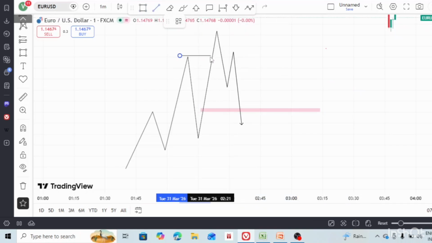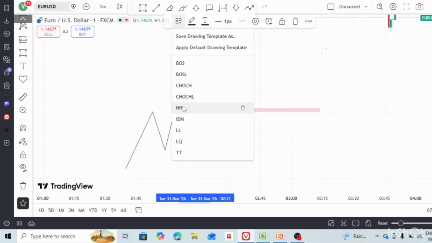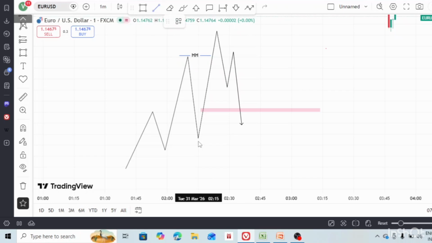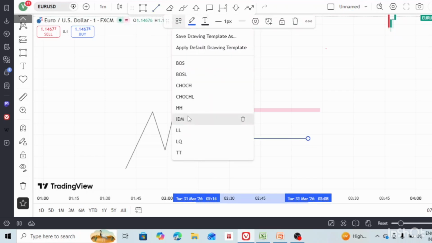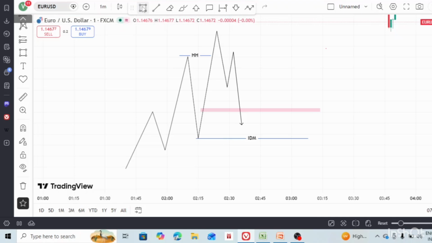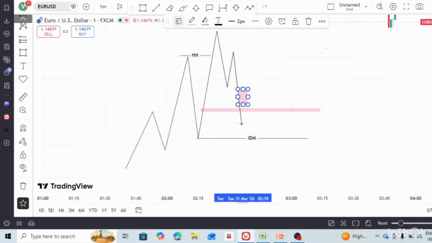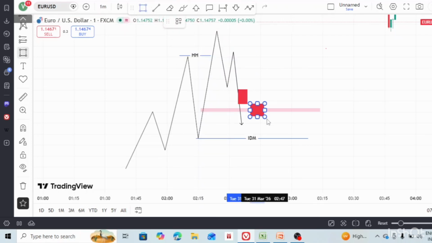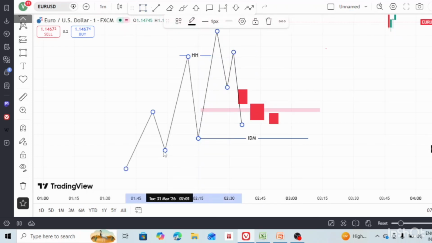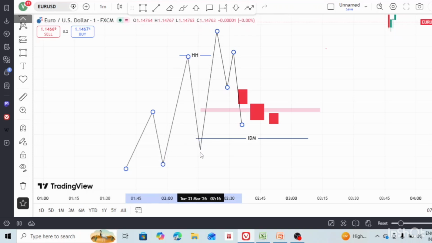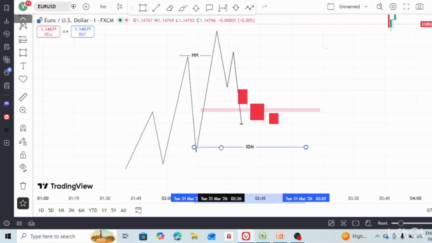Okay, so this is not only at the inducement level but at the liquidity level. I'm just taking the example of the inducement here. The market is coming down in the downward direction. Let me make this bigger so that we have more space.